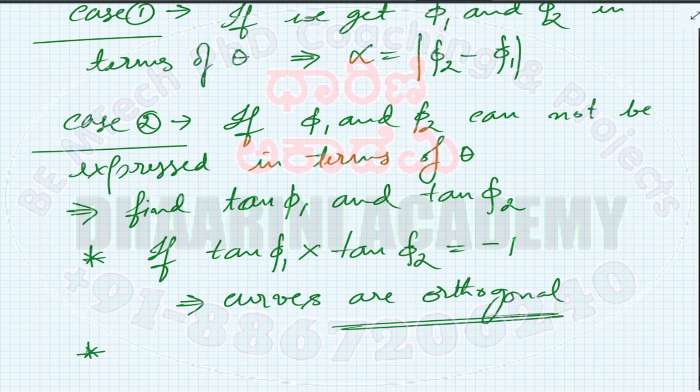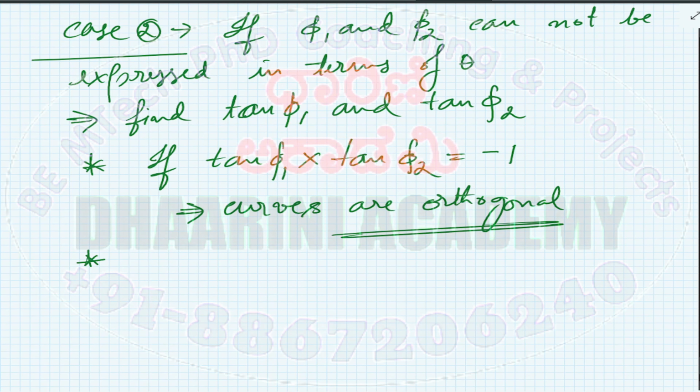But let's say I don't get that answer, in the sense tan phi 1 into tan phi 2 is not -1. In that case, we'll calculate tan alpha. I know that alpha is equal to phi 2 minus phi 1, and I'm going to take the tan of that.